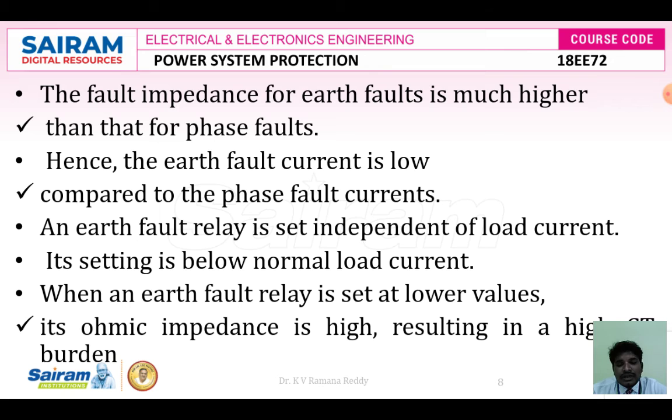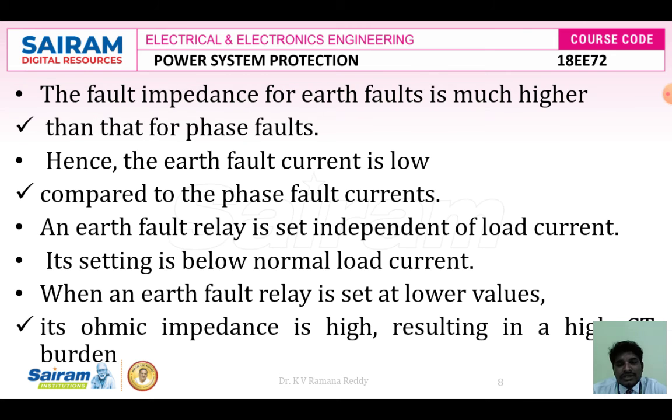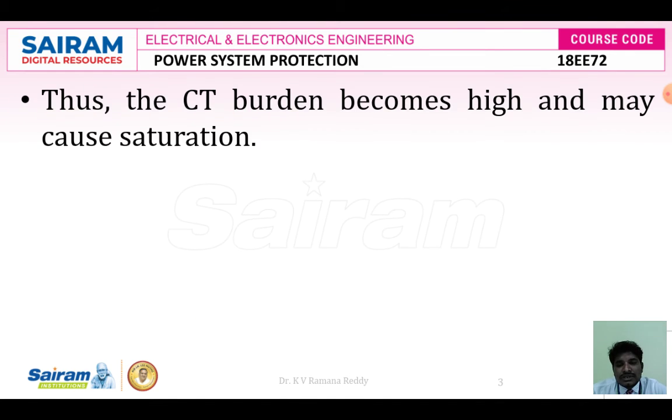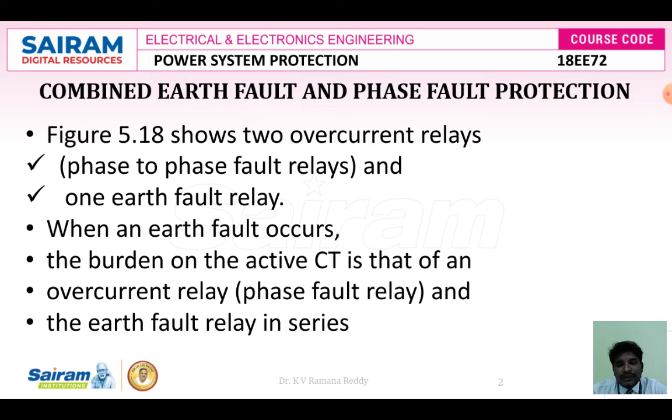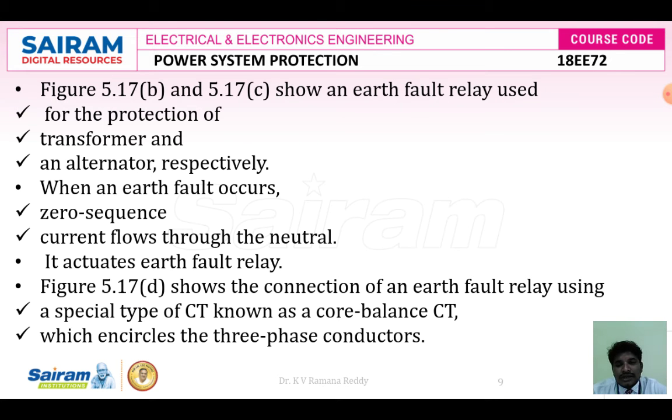When an earth fault relay is set at lower values, its ohmic impedance is high, resulting in a high current transformer burden. Figures 5.17b and 5.17c show the earth fault relay and overcurrent relay, which are used for protection of transformers and alternators respectively. An earth fault occurs when zero sequence current flows through the neutral wire.